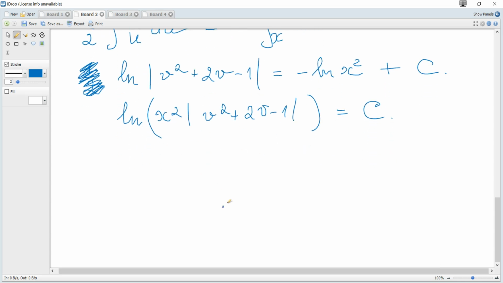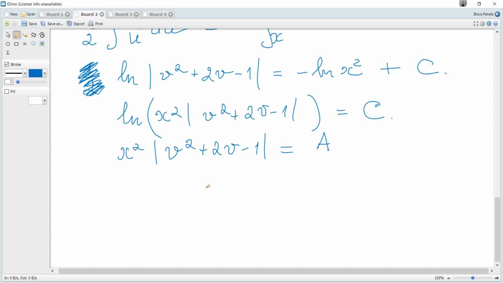And then just by definition of log, log 2 of 8 is 3, so it means what? 2 cubed is 8. So here it's again e to the power of c is equal to this, so x squared multiplied by the absolute value of v squared plus 2v minus 1 is e to the power of c, so it's constant to the power of constant, just another constant.